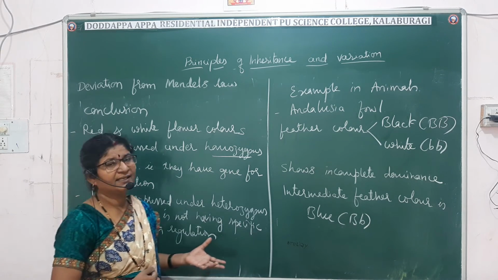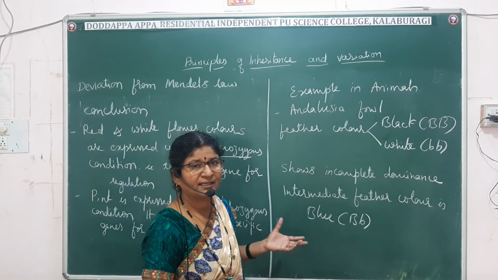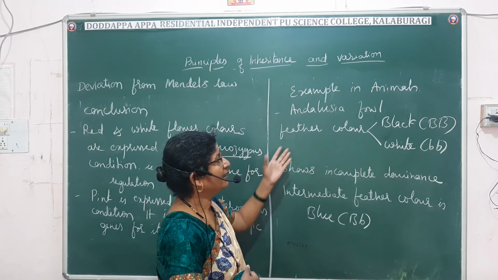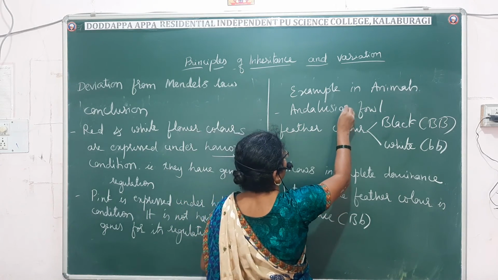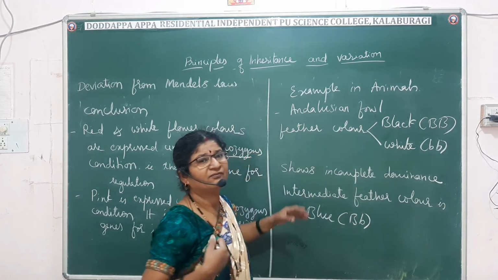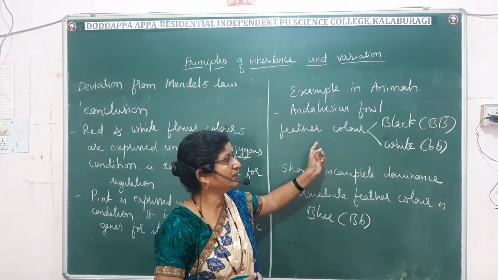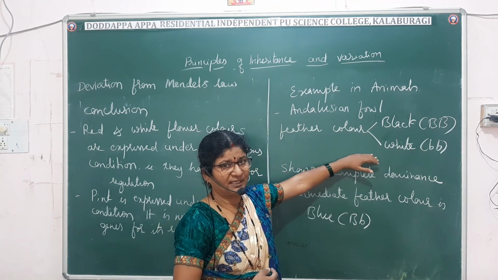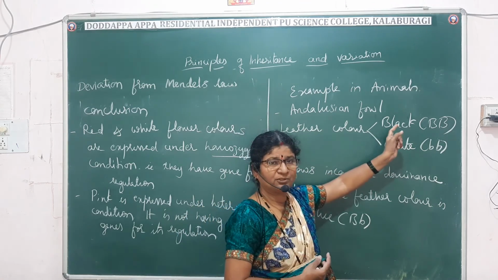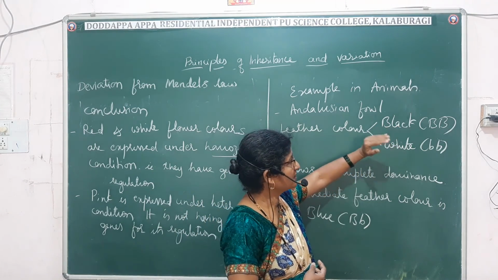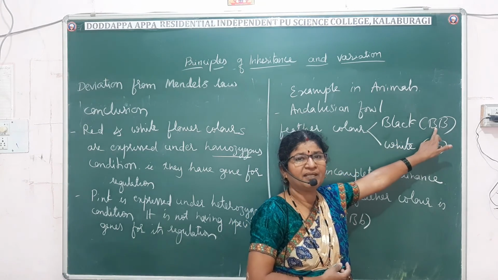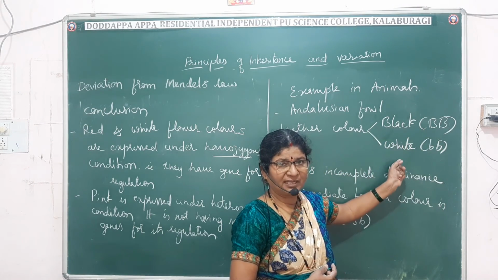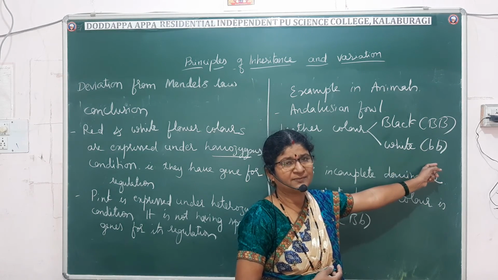Now let us see the example in animals. One example I have taken is the Andalusian fowl. Here you will see 2 feather colors, black and white. According to Mendel, if we consider black as dominant, we indicate it with capital B, capital B, and white with small b, small b.